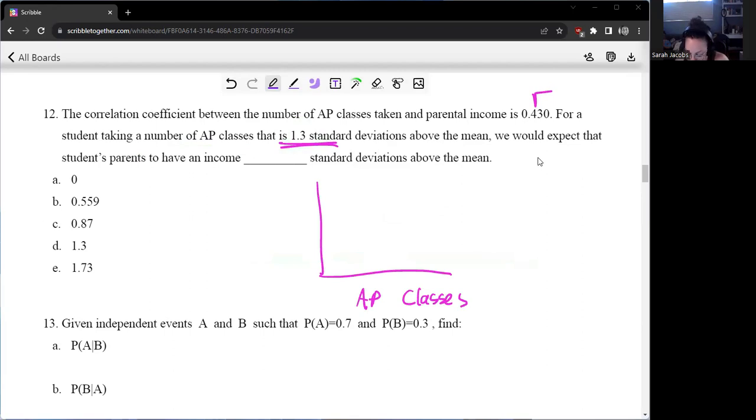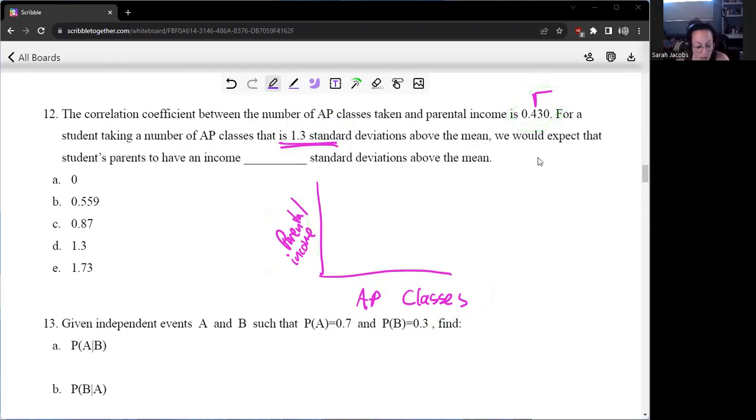Now, since the correlation isn't one-to-one, it's not a perfect linear relationship, this is where the idea of reversion to the mean comes from. We're going to expect that the parental income is higher than average, but not as high as 1.3 standard deviations, because this and this only have a correlation of about 0.4.